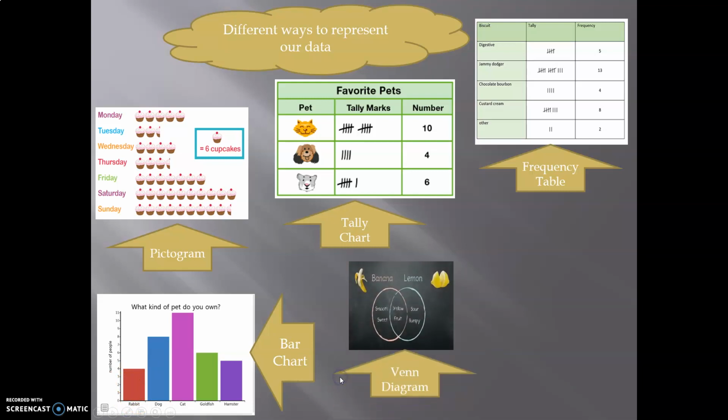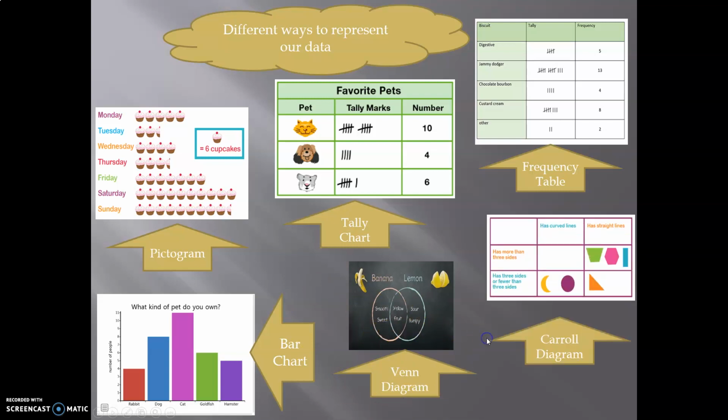Now this is another way to represent the data, the Venn diagram. Another way also is the Carroll diagram. Do you remember we were using this Carroll diagram in our polygons unit?